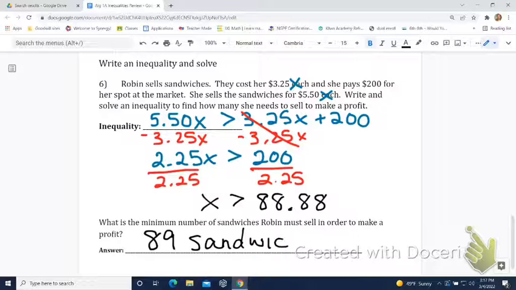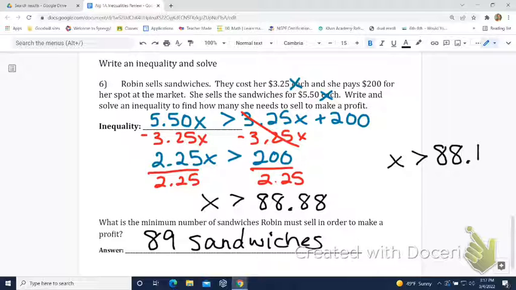And I want to be sure that you understand, even if at the end it said x is greater than 88.1, even if that was just 0.1, even if it was 88 exactly, she would still need to sell 89, because at 88, she would not have earned enough money.